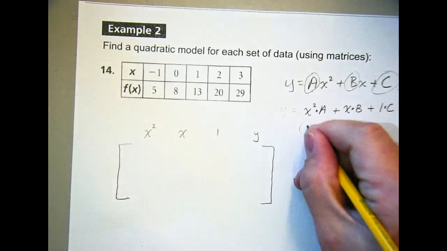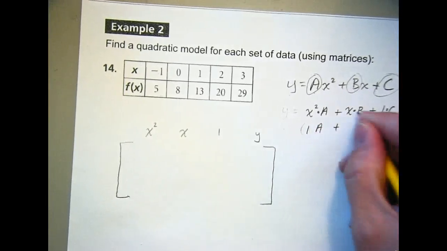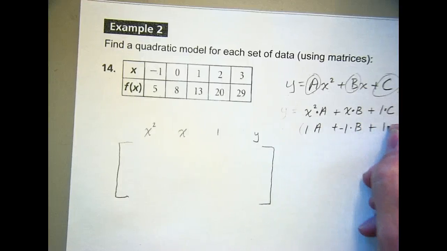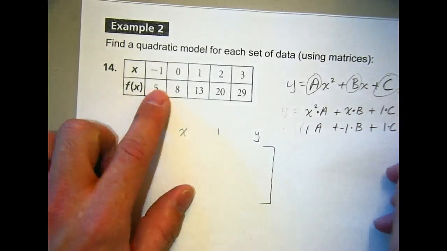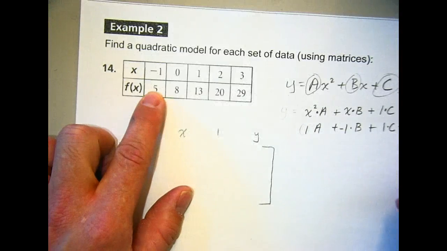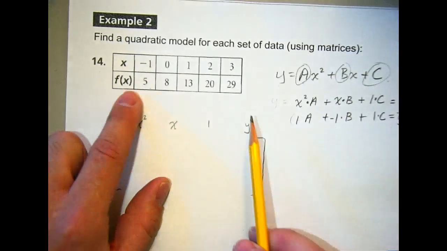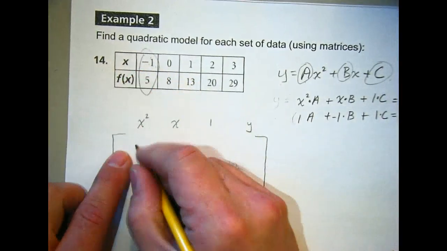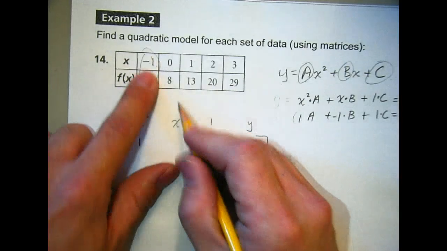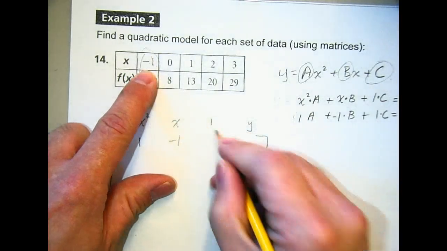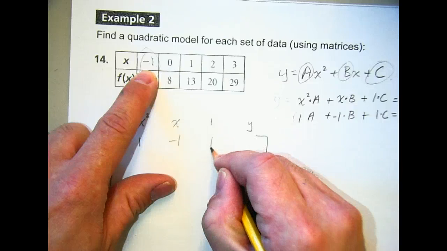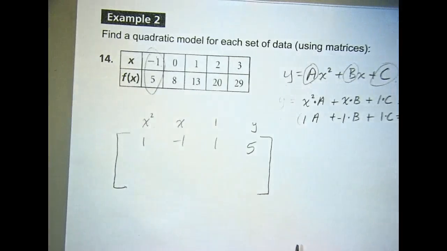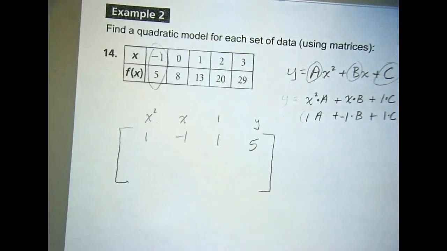So that would be 1a plus negative 1 times b plus 1 times c equals 5. Does everyone see how I did that? So I'm taking this coordinate right here. X squared is 1. X is negative 1. And then the coefficient of c is 1. And then that equals y, which is 5.